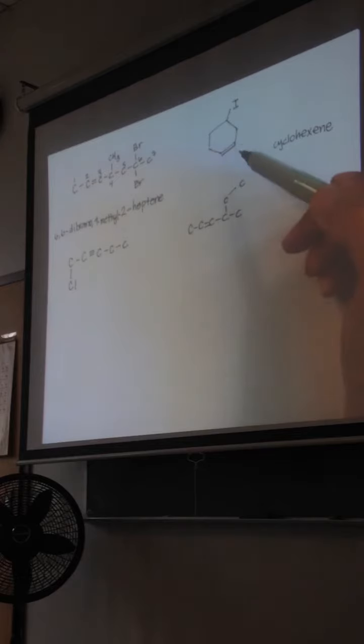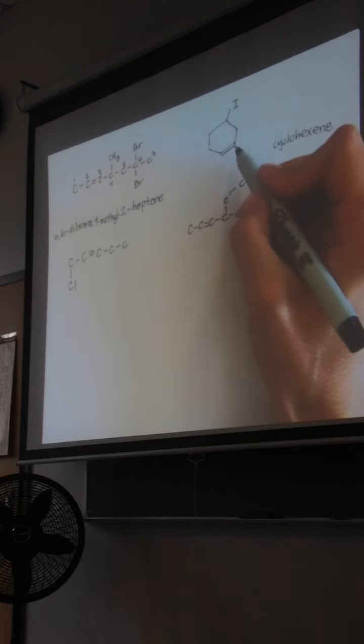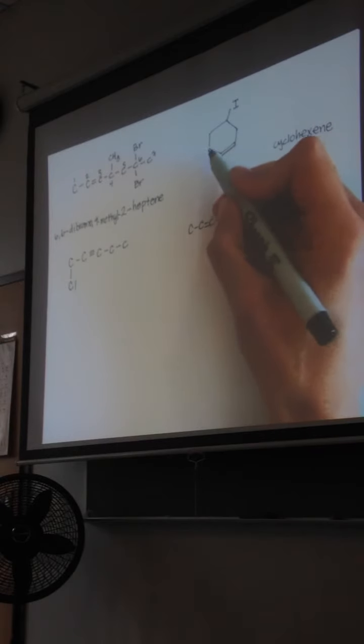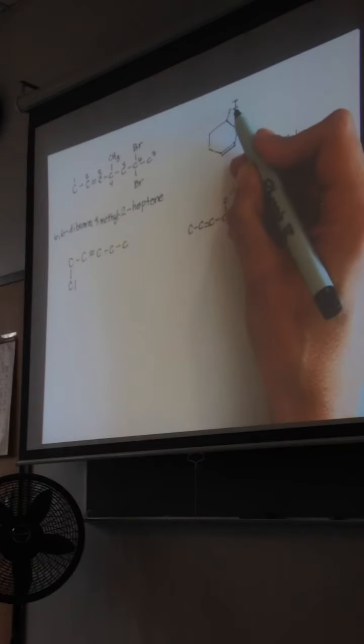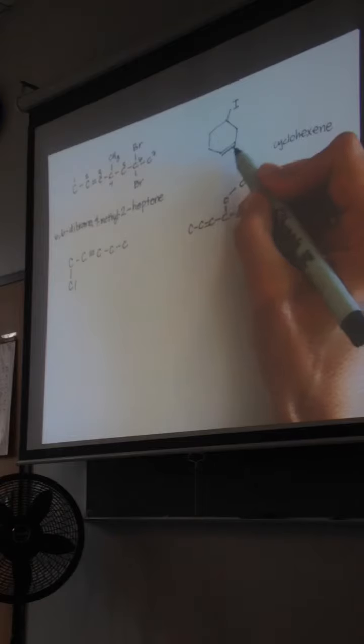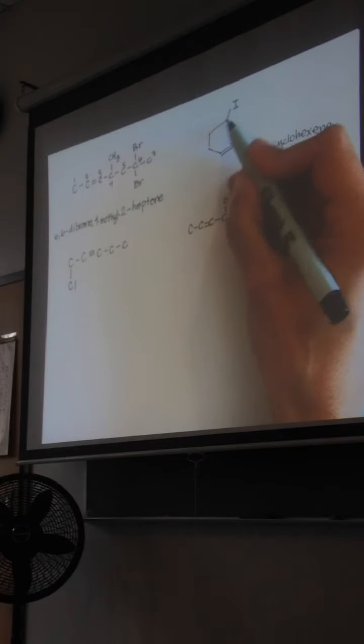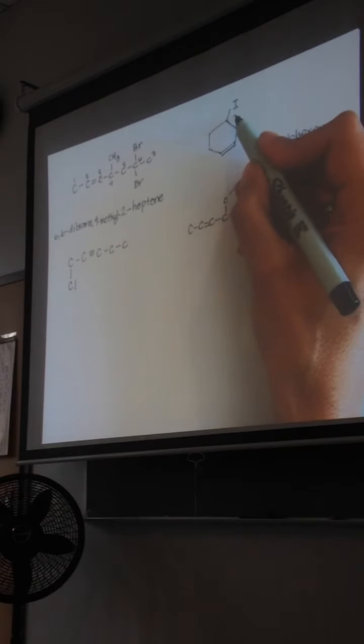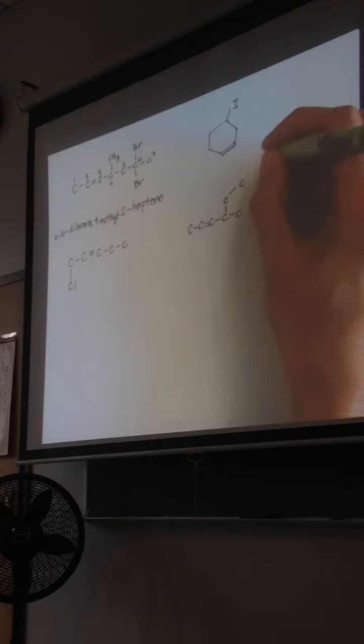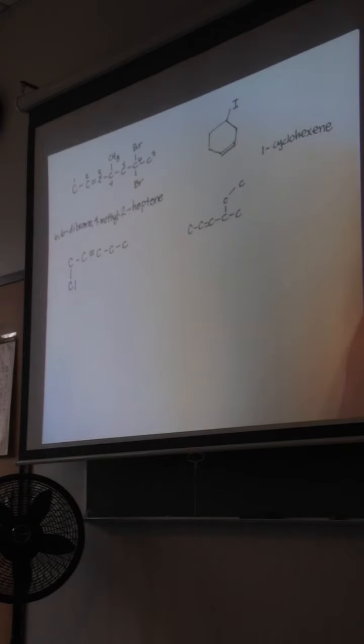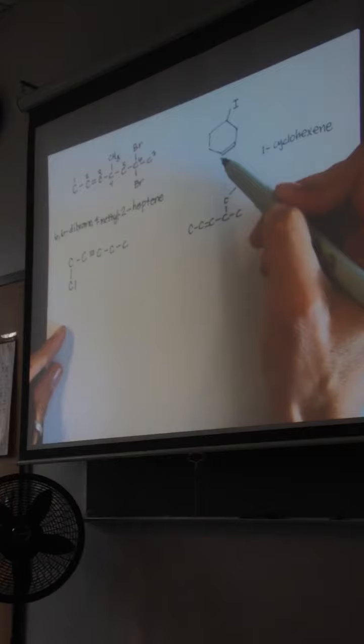This has to get number 1. Remember, the substituent always got 1 on a ring before. If you go 1, 2, 3, 4, 5, you're going to have a substituent on 5. If you go this way, 1, 2, 3, 4, you have a substituent on 4. So you want to go this way. Even though it's not going to matter, it's still going to be 1-cyclohexene no matter what, right? Whether you go 1, 2, 3 or 1, 2, 3.